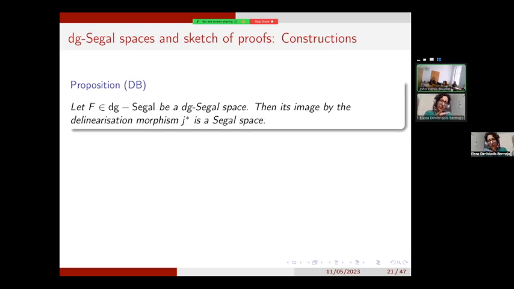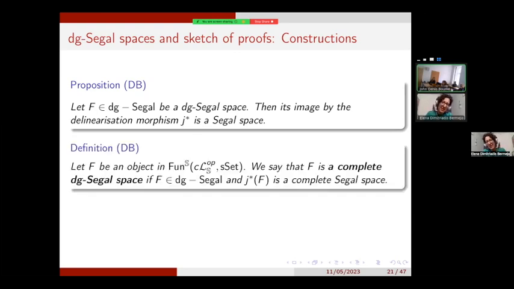Now, apparently we've been doing things the right way. If we take a DG-Segal space, then its image by the delinearization functor is a classical Segal space. This lets us define complete DG-Segal spaces just using classical complete Segal spaces.